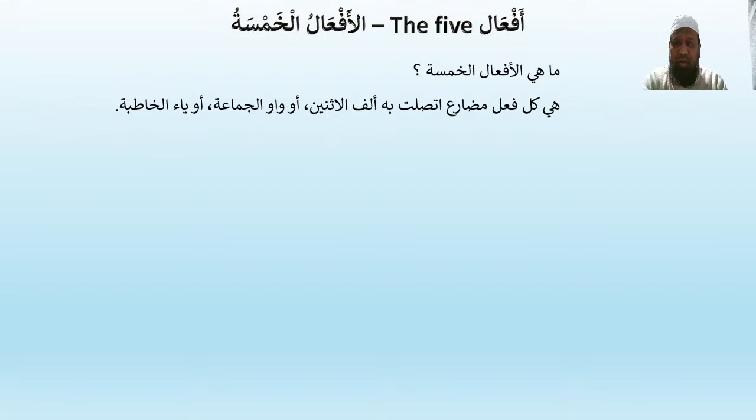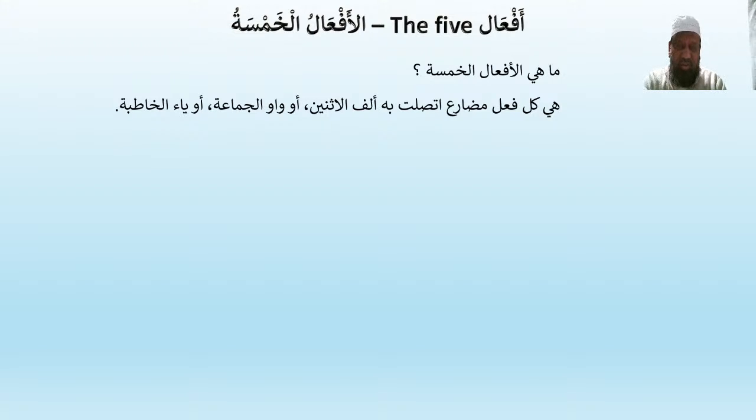Don't think that af'al means the verbs. No. Af'al, which is the plural of fi'lun, also can mean each and every sigha, because each sigha is a fi'l, a verb. So don't think af'al means 5 special verbs. No.